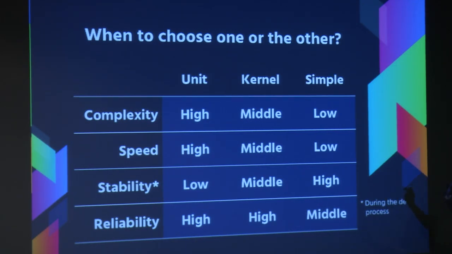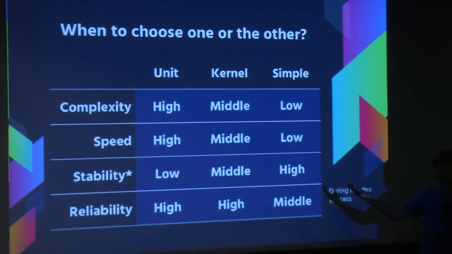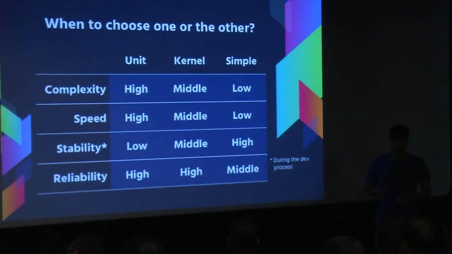When it comes to stability, what I mean here is that when you are actively implementing a feature, unit tests tend to change a lot, because you change your code, you're testing your PHP code, and then you need to change your tests. So bear that in mind when you're choosing one or the other.